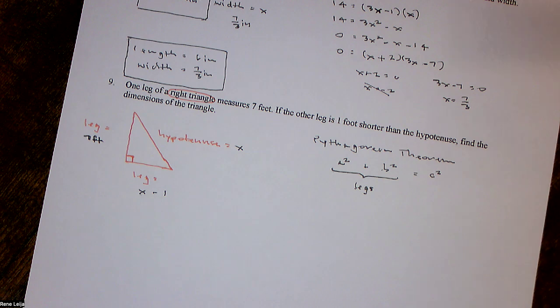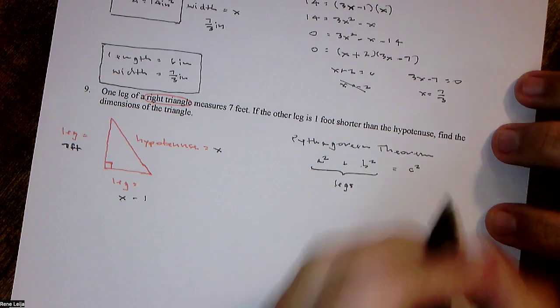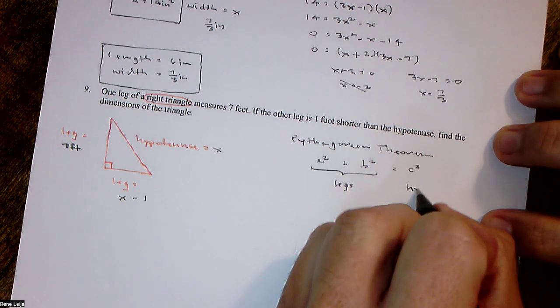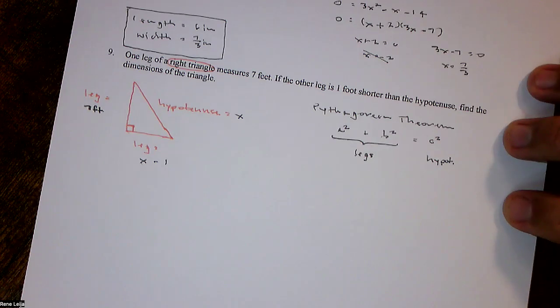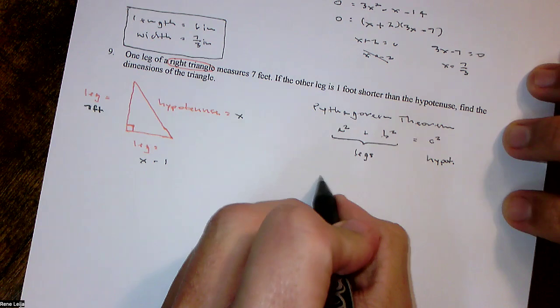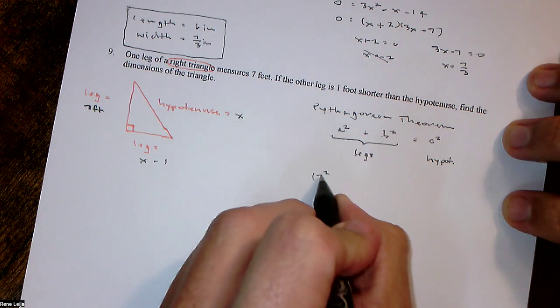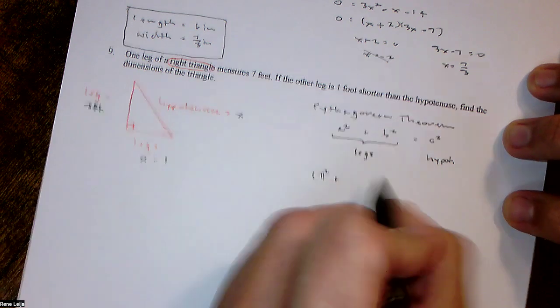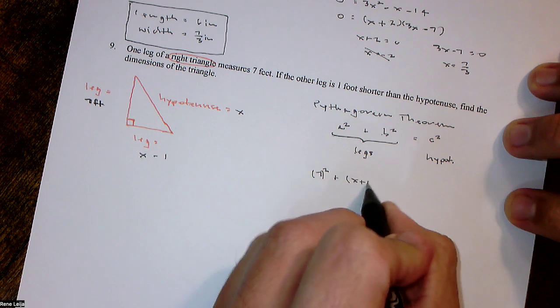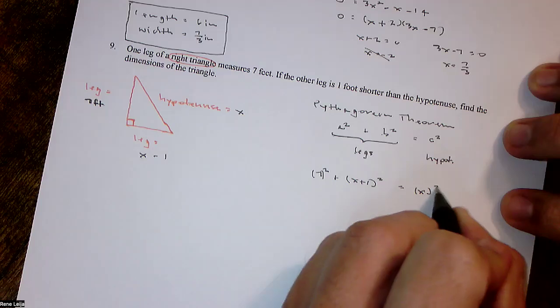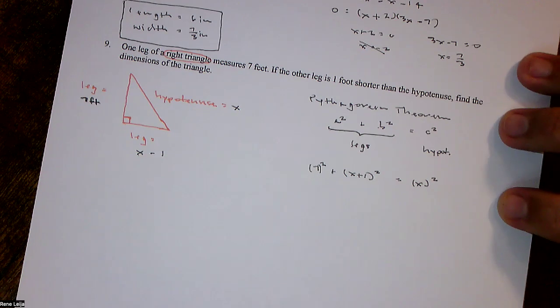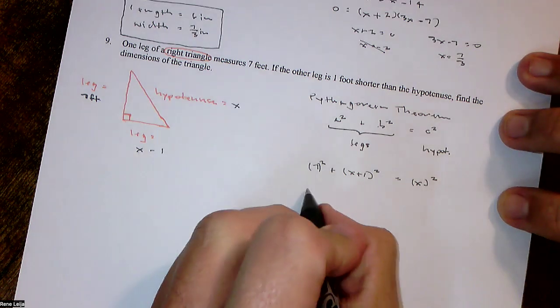All right? So 7 squared plus x plus 1 squared equals x squared. All right, so this is 49.